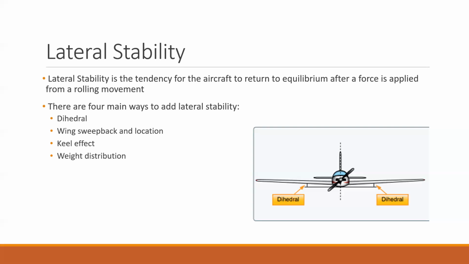In fact, they are angled up, sometimes quite a bit. This angling of the wings is called dihedral. The more dihedral you have, the more stable the aircraft will be, and the harder it will be for it to get worse in a state. It's always going to want to return to straight and level flight with the more dihedral you have.